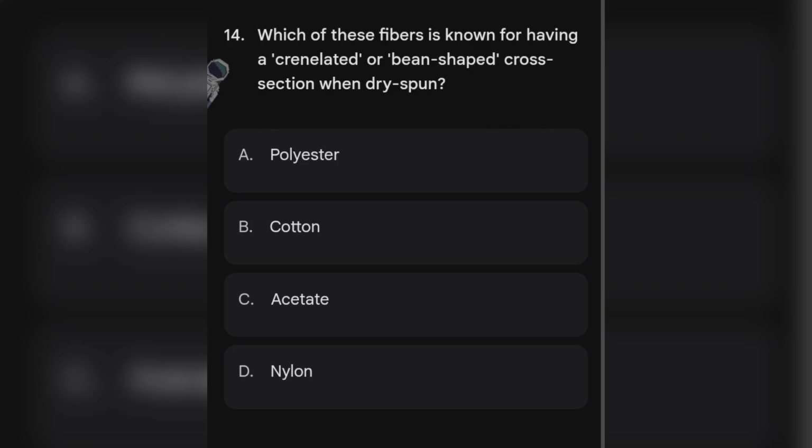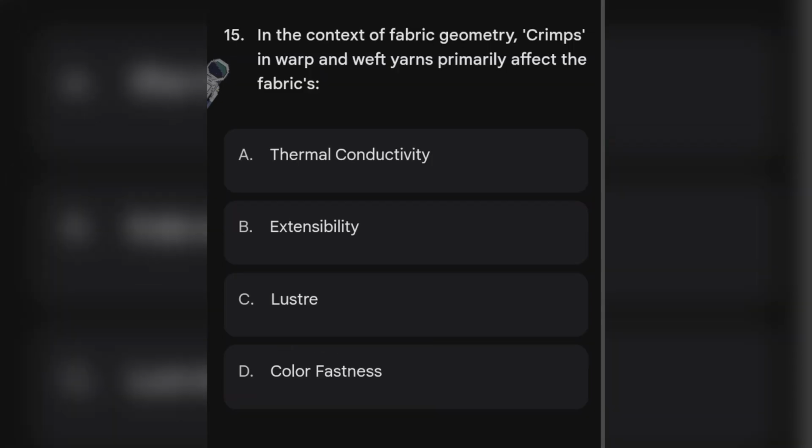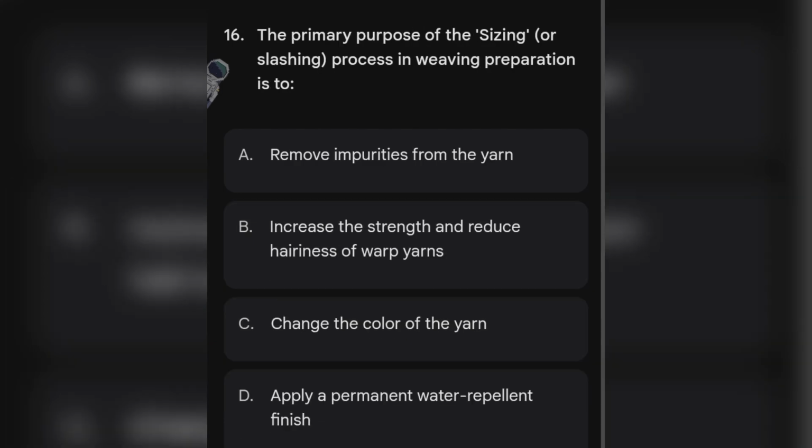Which one of the following has a rounded bean cross-section with dry spinning? It will be acetate, because the evaporation in dry spinning causes the surface of acetate to collapse. In the context of fabric geometry, crimp in warp and weft yarn primarily affects the fabric extensibility. A straightforward question.